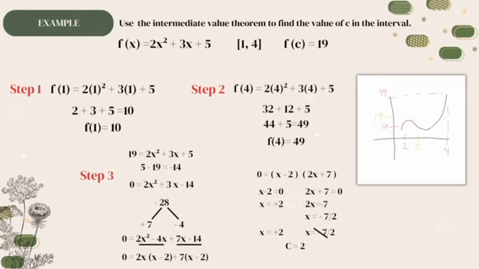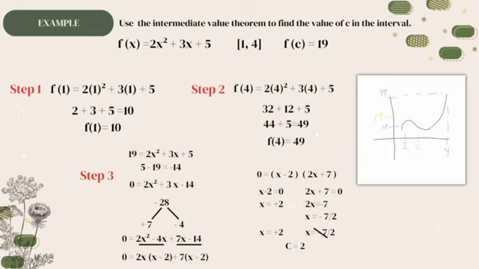Ang makukuha natin doon is 32 plus 12 plus 5, and 44 plus 5 is equal to 49. Pinag-plus lang natin yung 32 plus 12, kaya naging 44. Now we have here f of 1 is 10, f of 4 is 49.